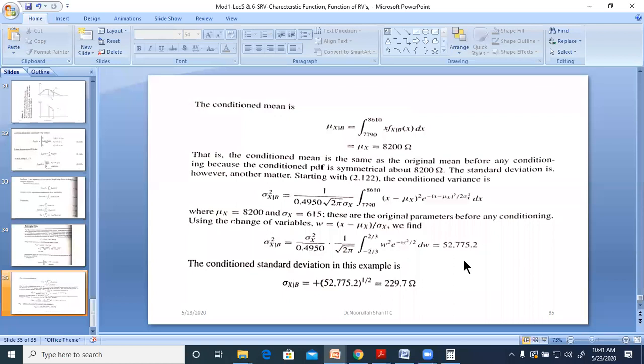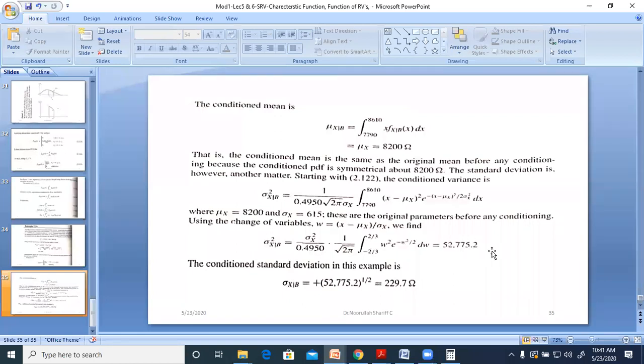So where is it? We are making a mistake. Divide that by root of 2 pi.